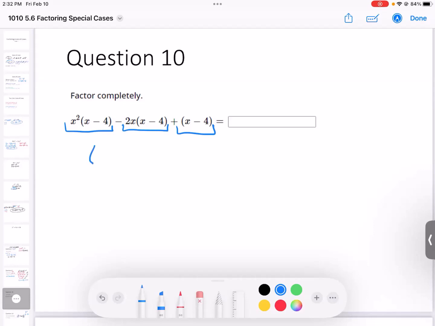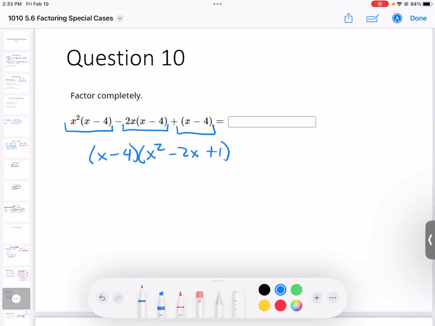So you would pull the x minus 4 out, and then you'd be left with x squared minus 2x plus 1 in this case, because this term divided by x minus 4 is x squared. This term divided by x minus 4 is negative 2x, and this term divided by x minus 4 is plus 1. And so then you would take this and you would factor that further.